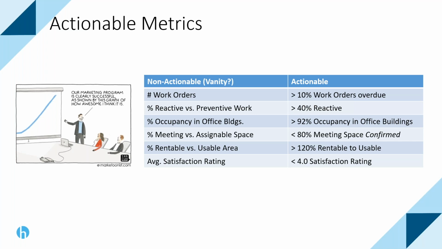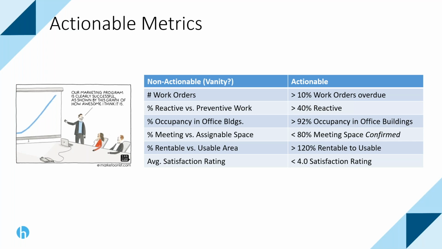So for example, I've listed a few that I've seen in passing. Non-actionable metrics might be things like: how many work orders do you process in a month? What's the percentage of reactive versus preventive work that you deliver? What's the percentage of occupancy in your office buildings? What's your percentage of meeting versus assignable space, rentable versus usable, or an average satisfaction rating?